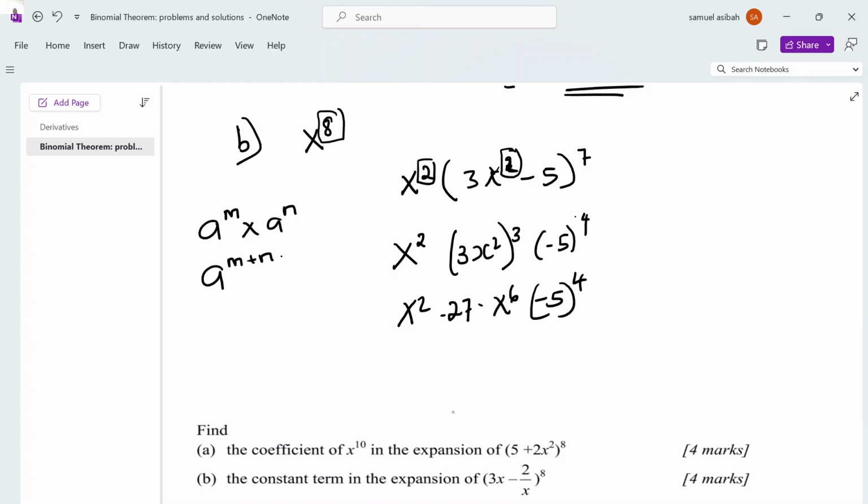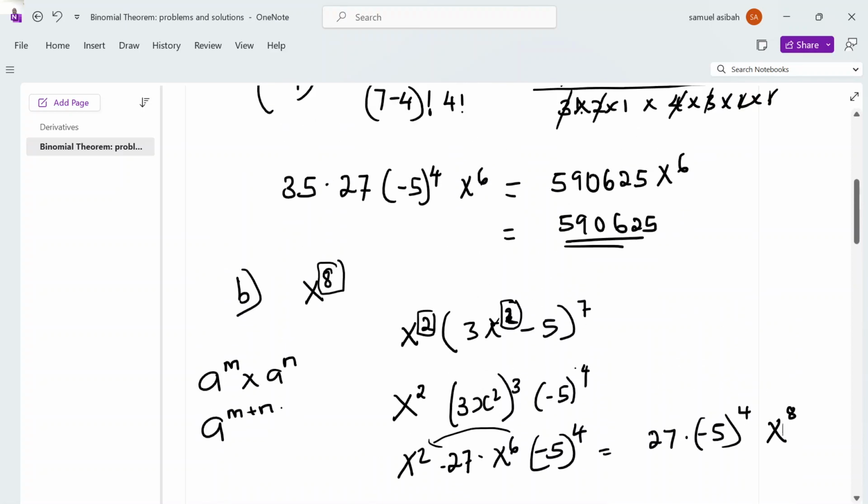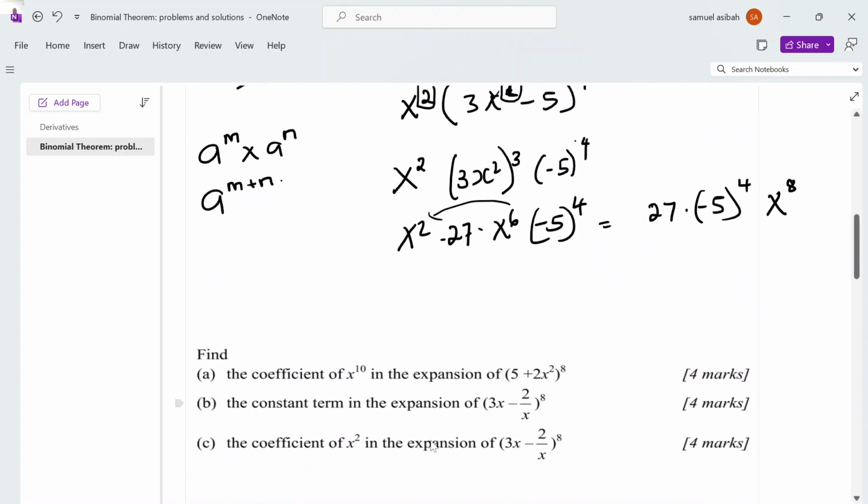So you can see now the power of a power here, which means that you are getting 27 times, that is negative 5, I'm just grouping them together, raised to 4. And then we have x raised to, you can see now x raised to 8, because we are adding these 2. So when you have this, therefore, we are getting the same solution as we got above.